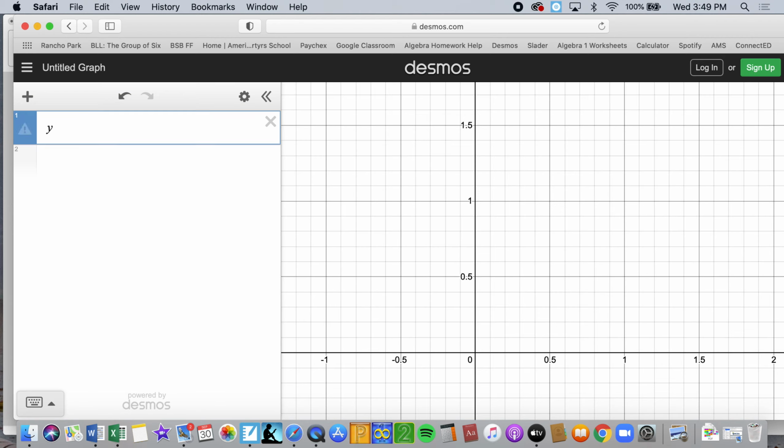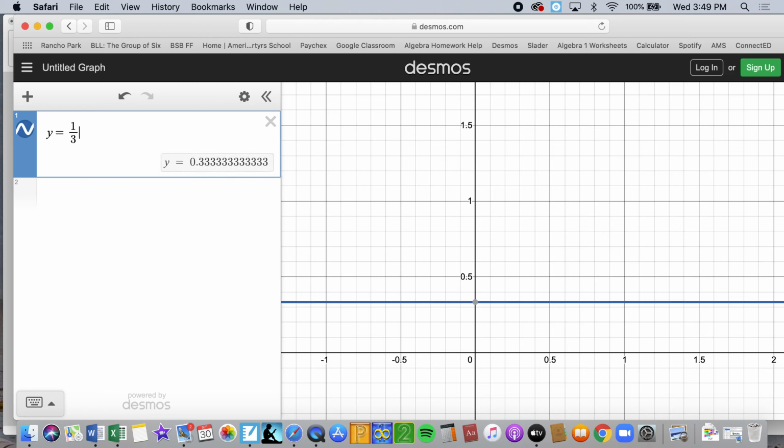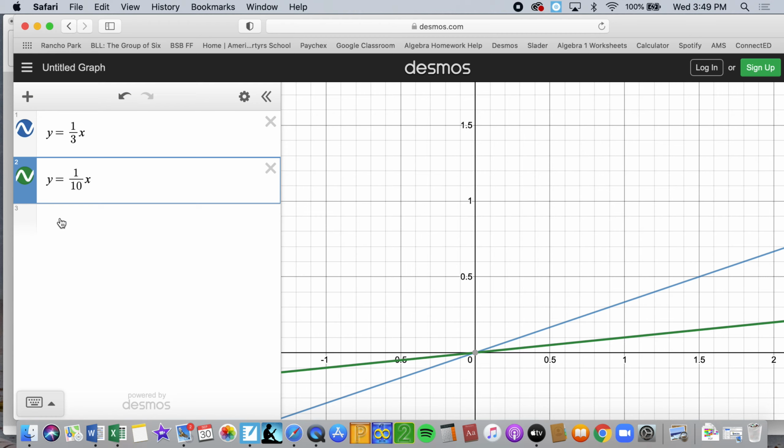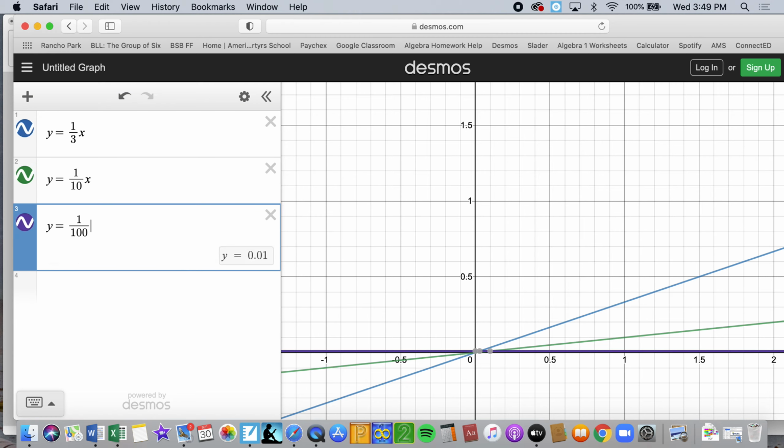What if I flip it? What if I have the denominator bigger? Let's do 1 over 3x. And what if I have y equals 1 over 10x? And what if I have y equals 1 over 100x?